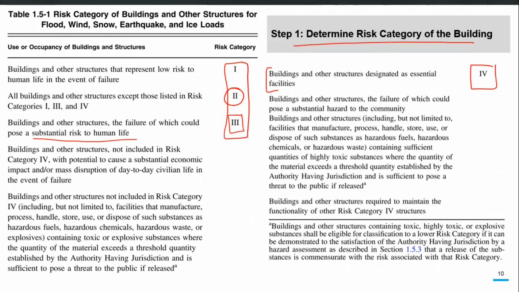This is step 1. All of the other steps onwards, for example, the determination of design wind speed, depend on the risk category of your building.